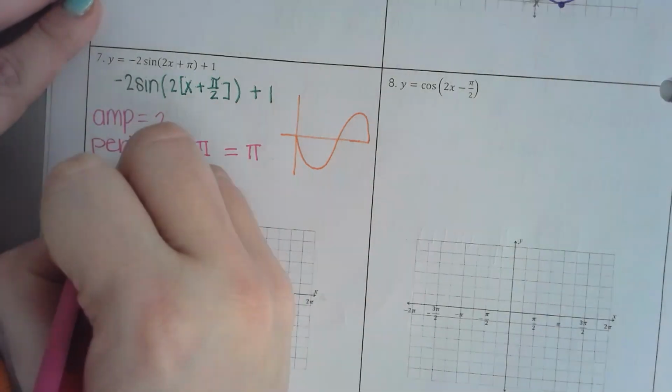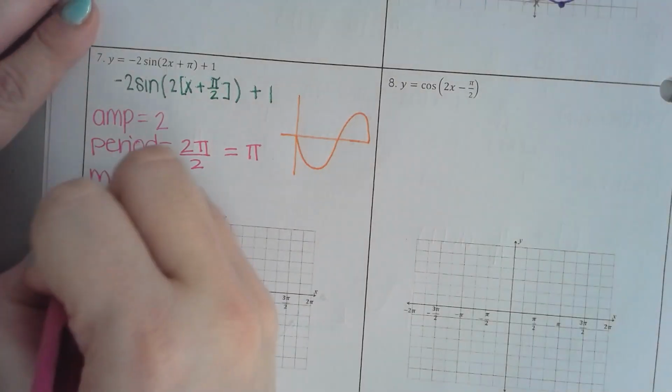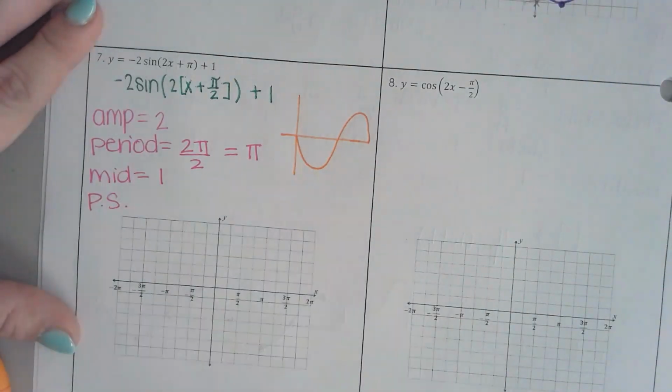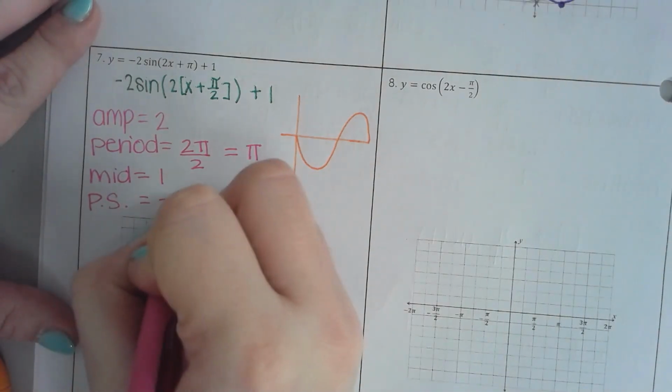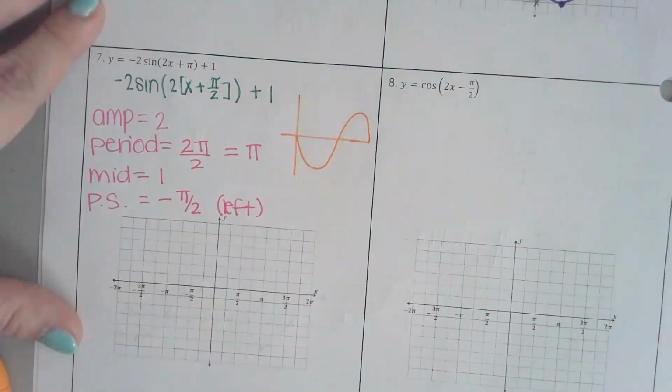My midline is 1. What's my phase shift? Negative pi over 2. So it's going to be moving left.